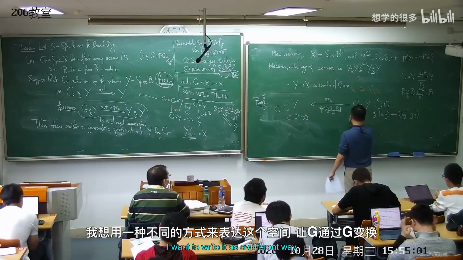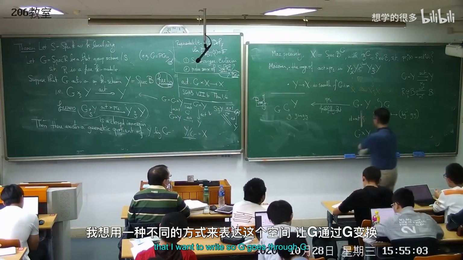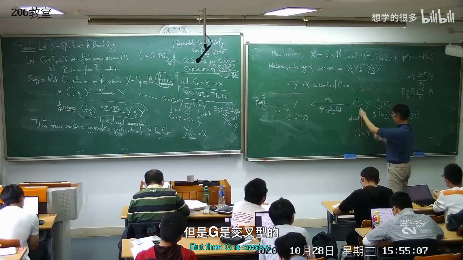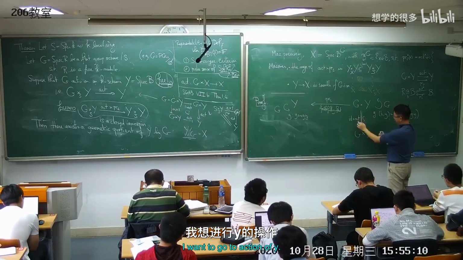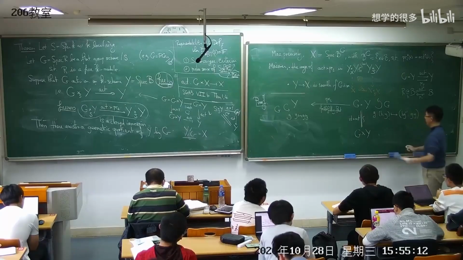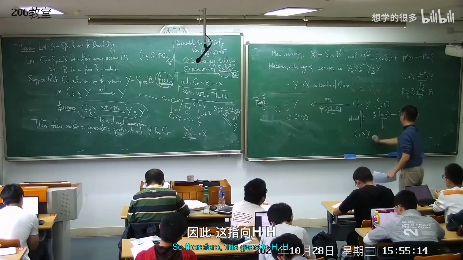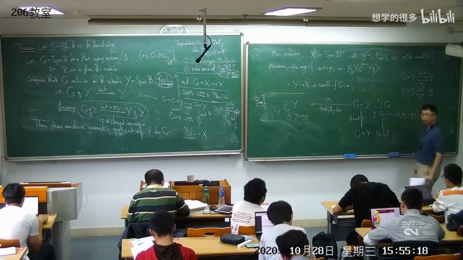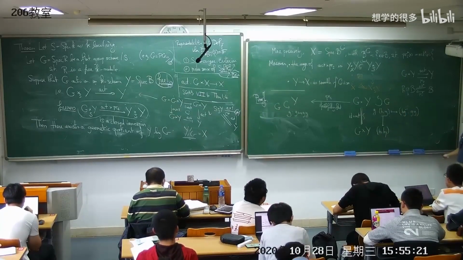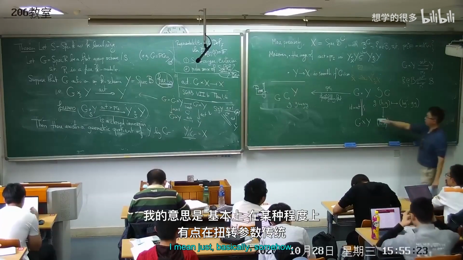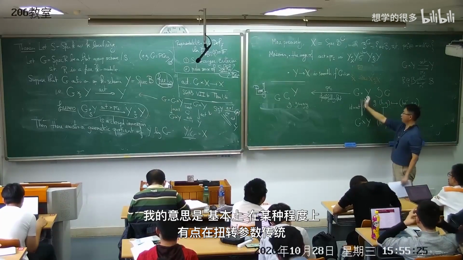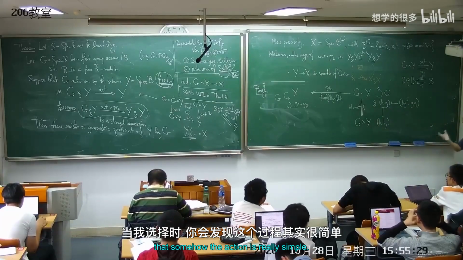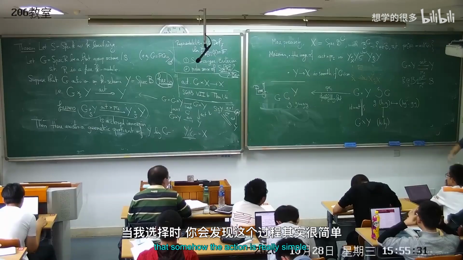I want to write it in a different way in the sense that G goes to G, but then G cross Y goes to the action of Y. So therefore, this goes to HY. So these two are the same. Basically, somehow I'm twisting the parameterization a little bit. When I twist it, you will see that somehow the action is really simple.